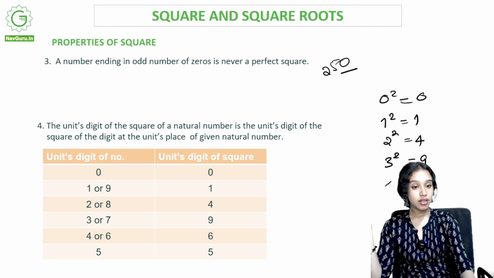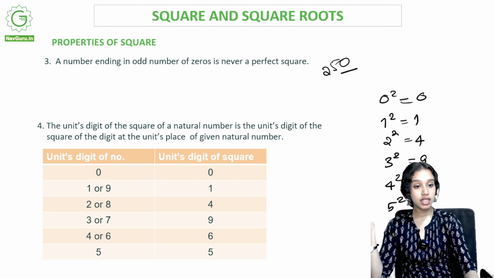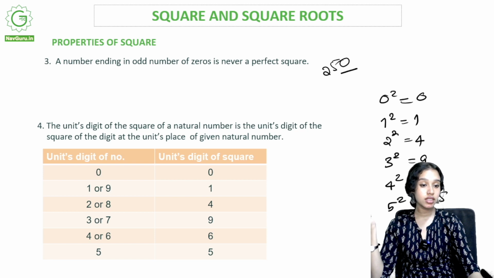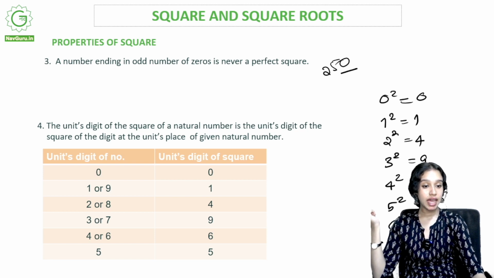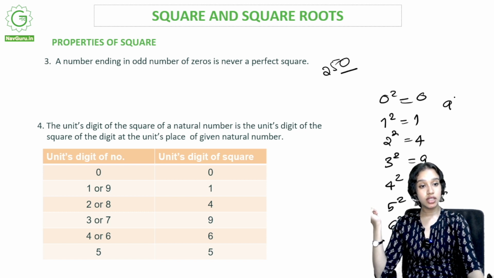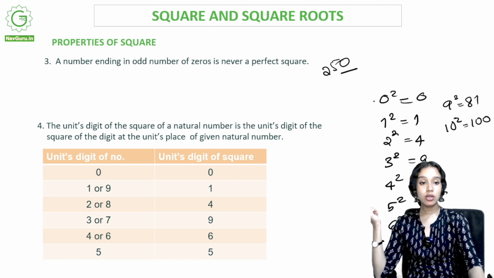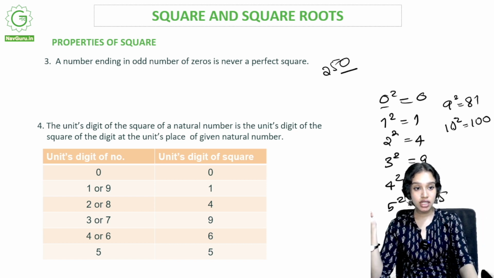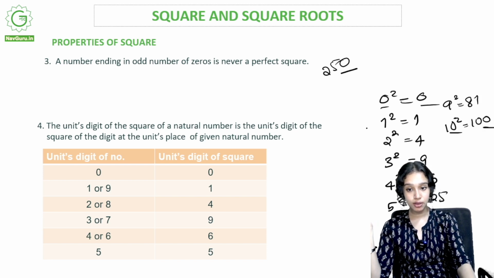It's 9. 4 square is 16. 5 square is 25. 6 square is 36. 7 square is 49. 8 square is 64. 9 square is 81. And 10 square is 100. So we can see that when 0 is at the ones place, we get 0 in the unit place.